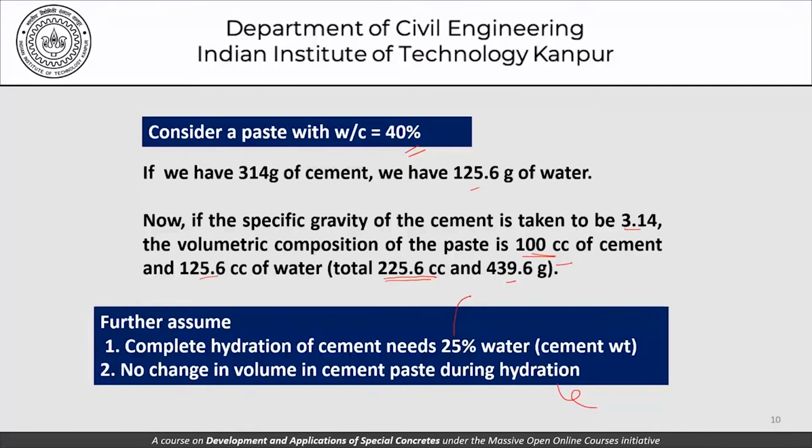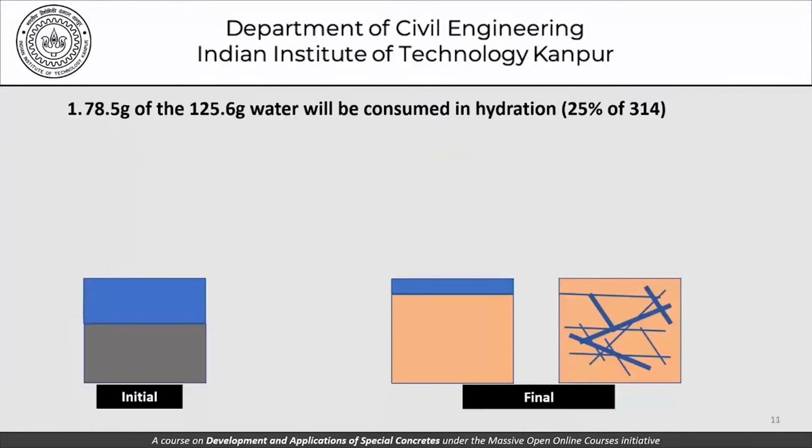That's why I said that I'm not going to particularly consider or follow the small changes in volume in the cement paste as hydration proceeds. So if we're making this assumption, and if we do that, then this is what we will begin with. Cement here, water here, and what is going to happen finally is that 78.5 grams of the 125.6 will be consumed in the hydration of cement.